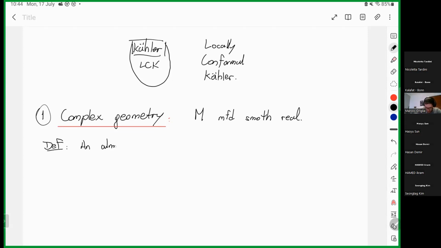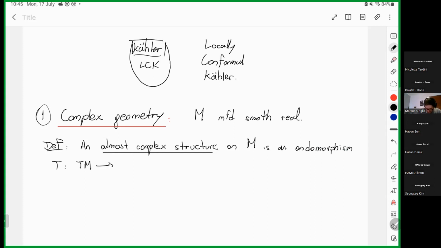An almost complex structure on M is an endomorphism J from TM to TM, the tangent space, such that for each point p of your manifold, J_p goes from T_pM to T_pM and satisfies that J_p squared is minus the identity.